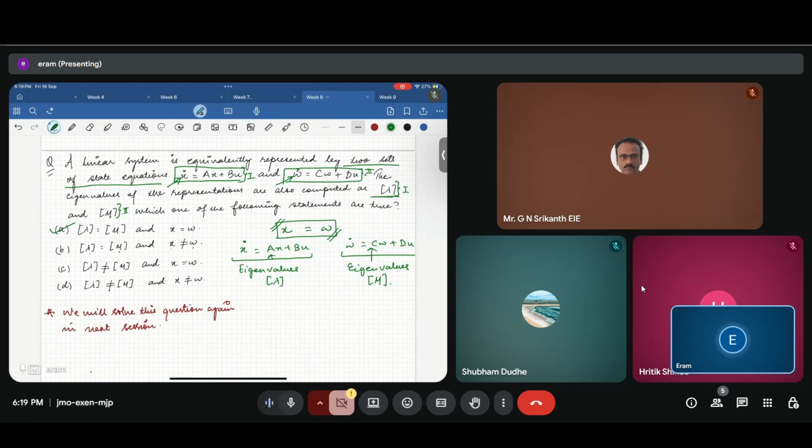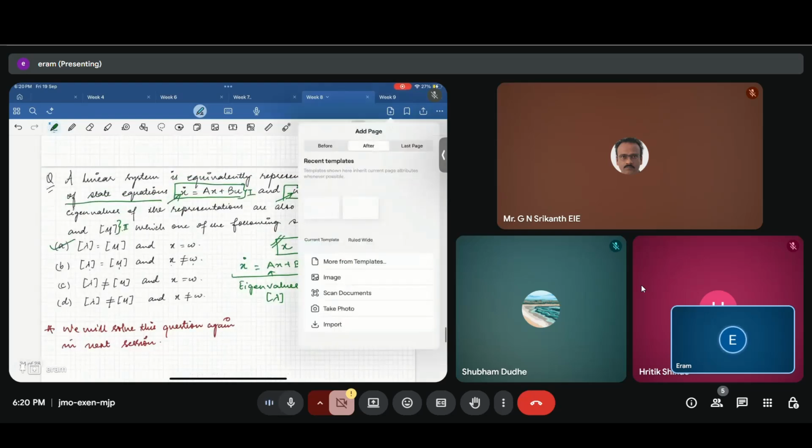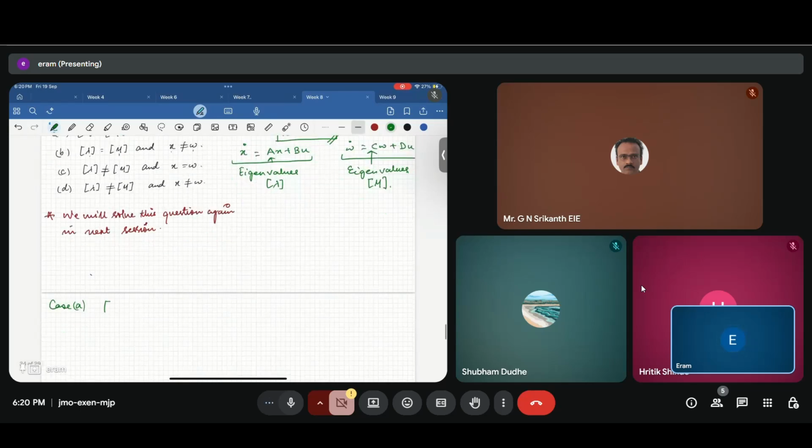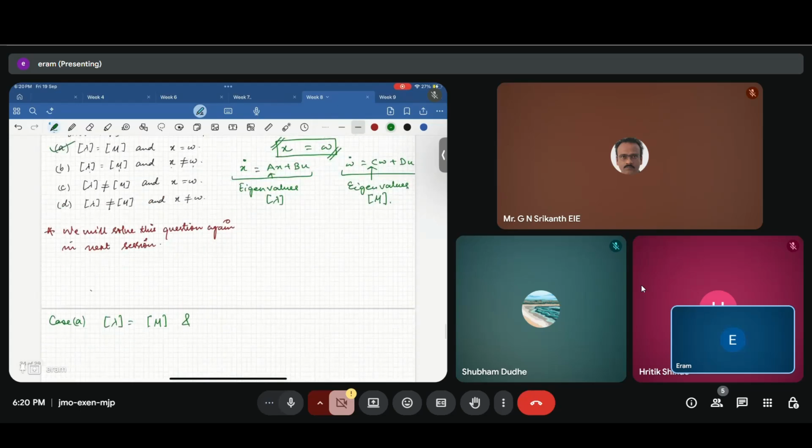So the first option, let's call it case A, is saying that the set of eigenvalues are the same and the states are equal to each other.